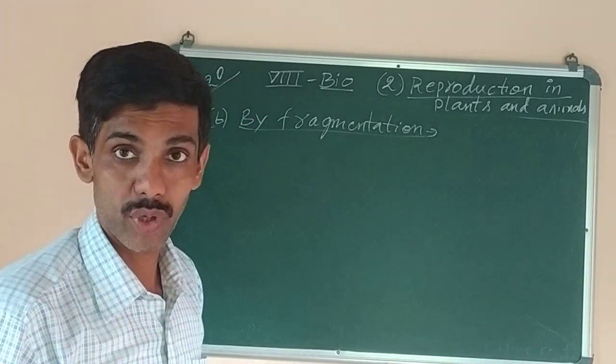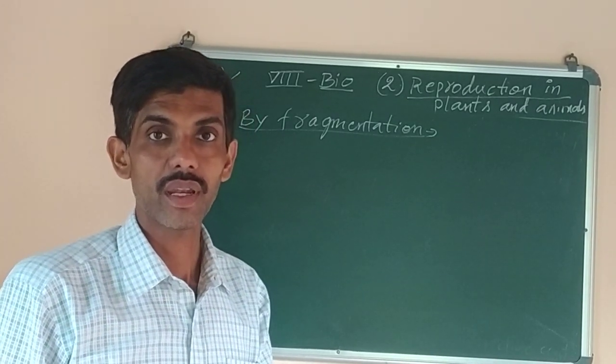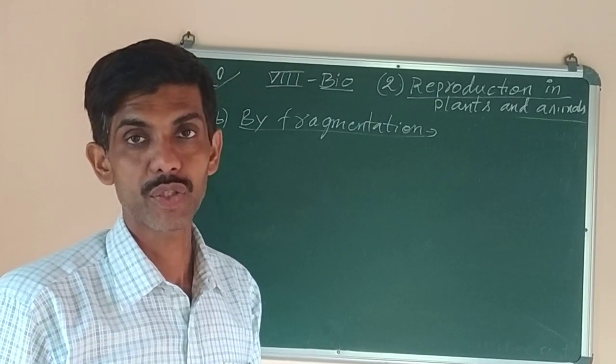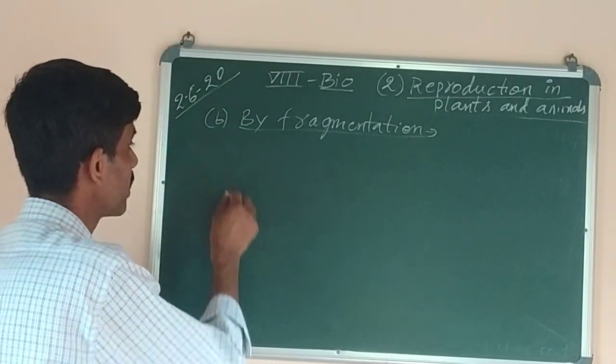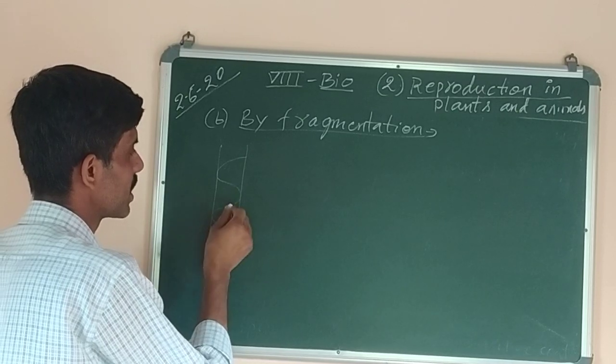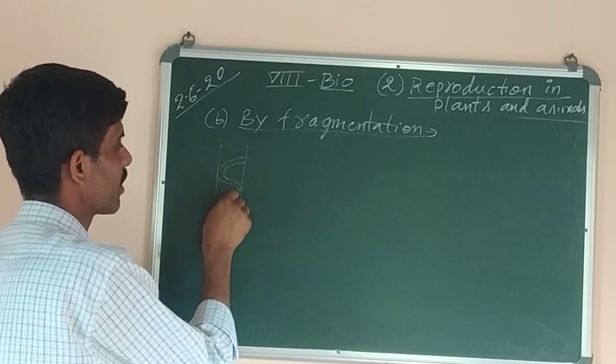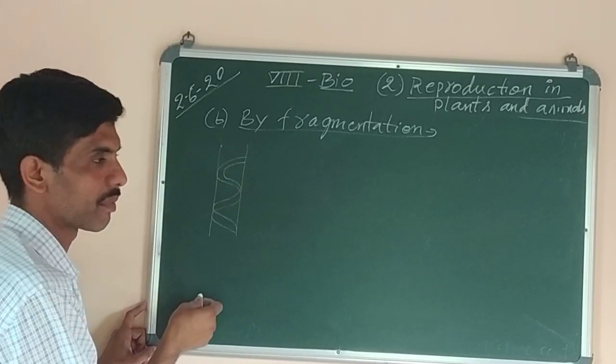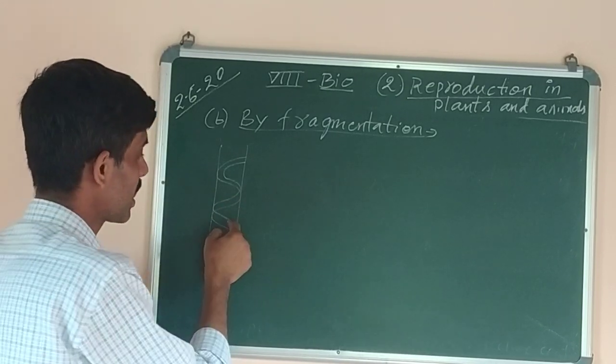This type of asexual reproduction is found in an algae called Spirogyra. So if I will show you the diagram of Spirogyra, it has got a spiral chloroplast. Means the chloroplast is present in the form of spiral shape. Okay, chloroplast. It is like this.